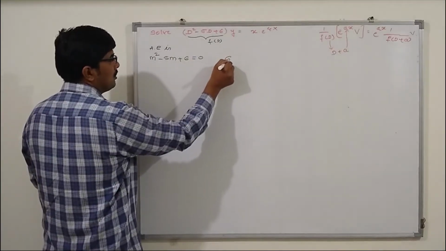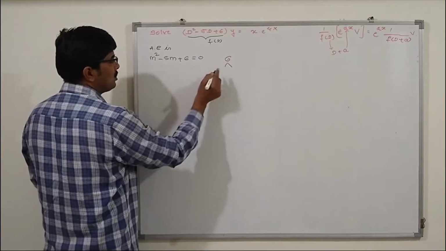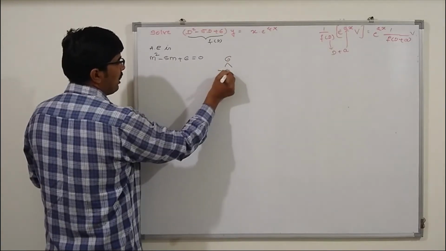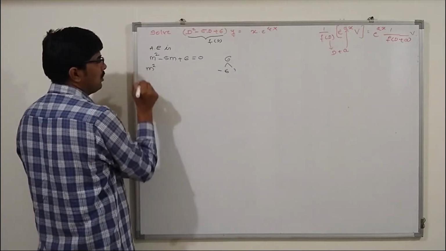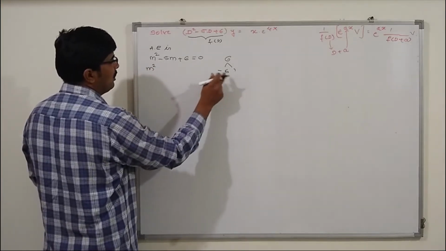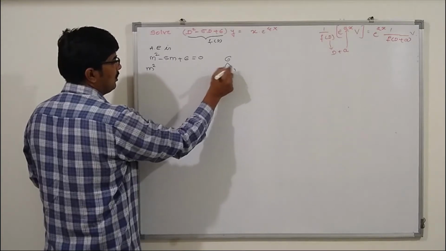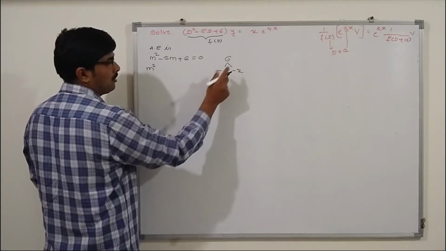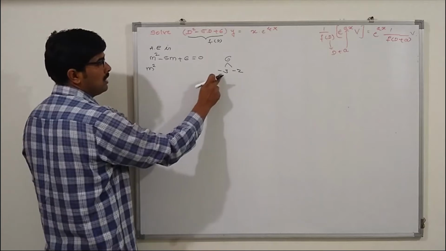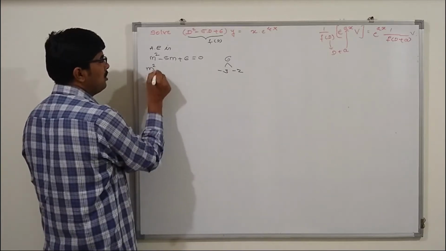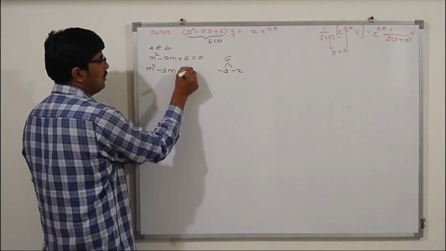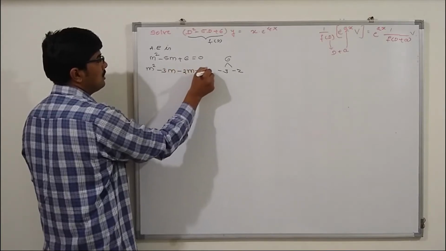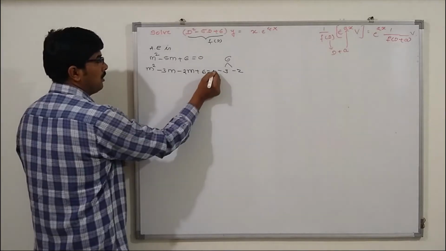Here the constant term is 6. Find the two factors to get minus 5: minus 3 into minus 2. Minus 3 into minus 2 is plus 6, and minus 3 minus 2 is equal to minus 5. So this is m square minus 3m minus 2m plus 6 is equal to 0.